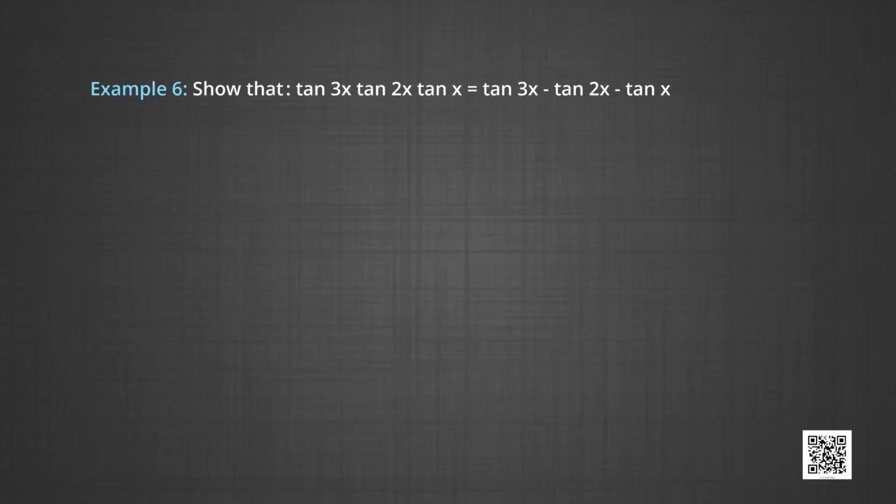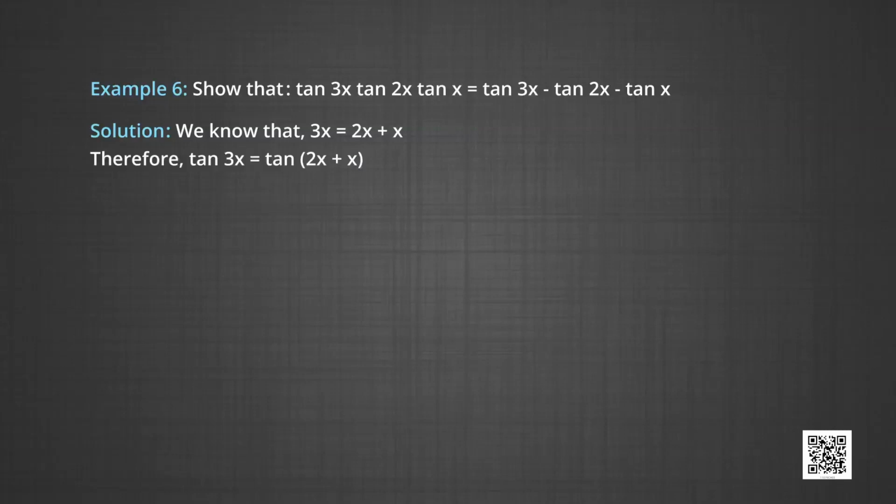In example 6, we will show that tan 3x into tan 2x into tan x can be written as tan of 3x minus tan of 2x minus tan x. For this, friends, we start with taking 3x as 2x plus x. Now we will take tan of both the sides. So, tan 3x is equal to tan of 2x plus x.